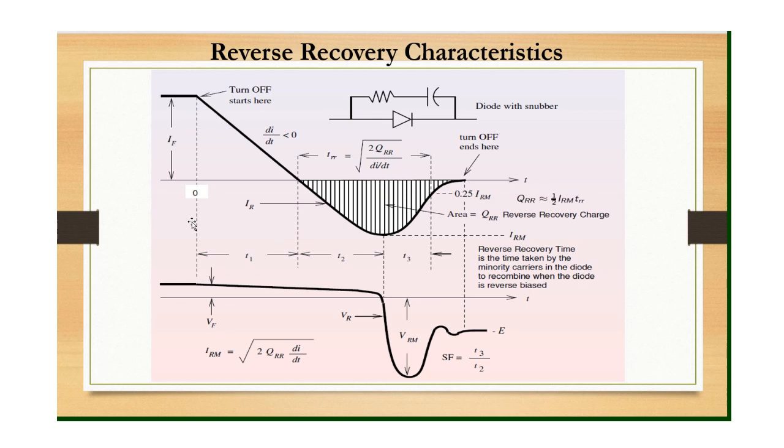The forward current IF falls to 0 at t equal to t1 and then continues to flow in the reverse direction because the diode is not capable of blocking the reverse current flow.